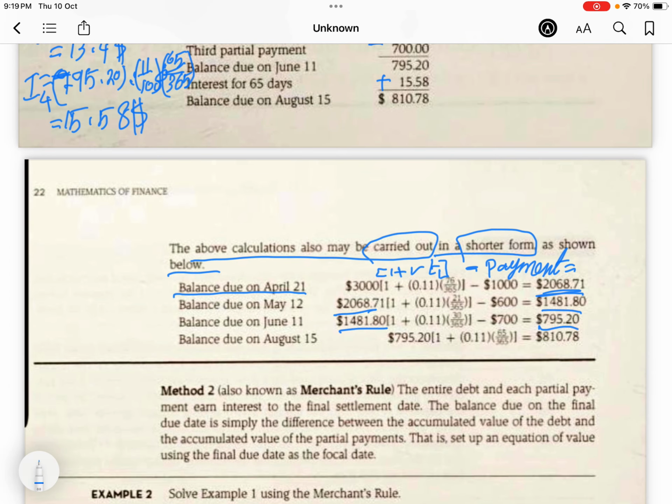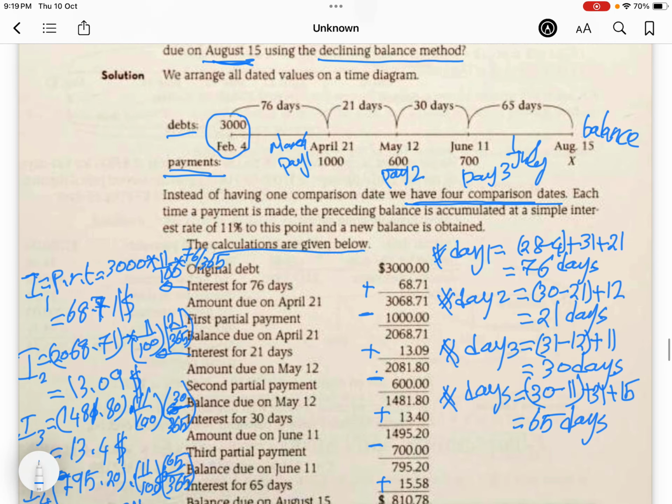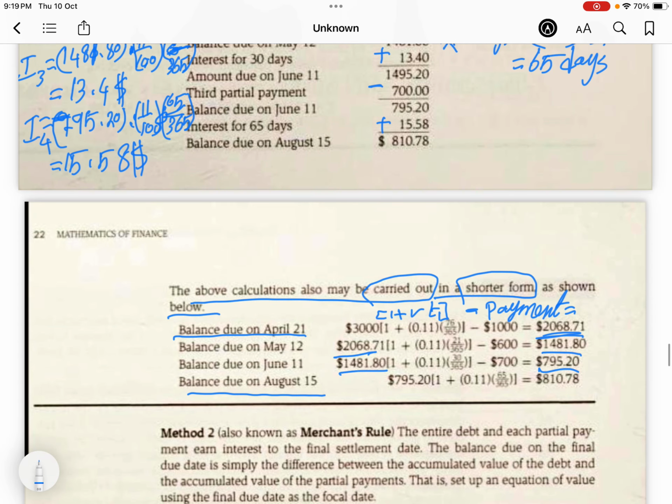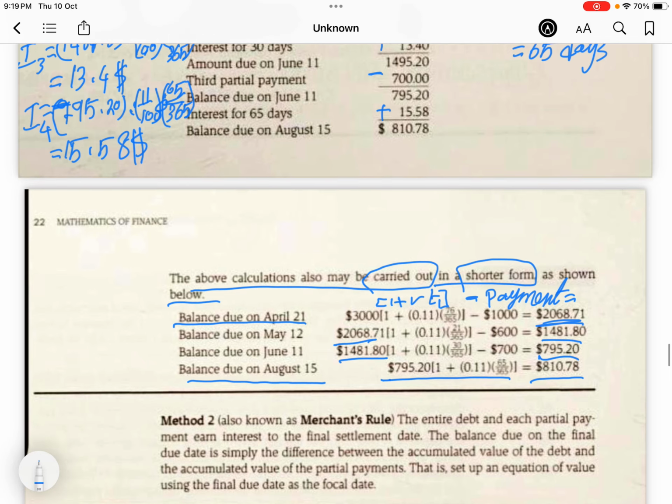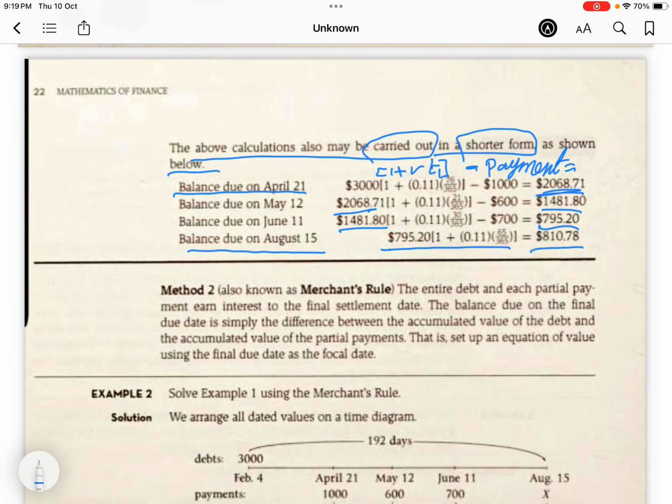Since there is no fourth payment, the balance due on the last day, August 15, will be this number multiplied by 1 plus 0.11 multiplied by 65 over 365, which is 810.75.